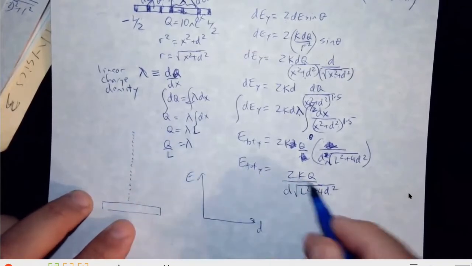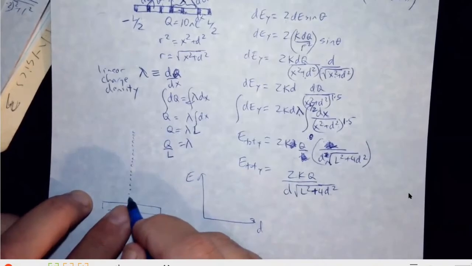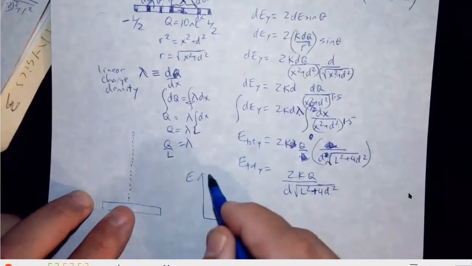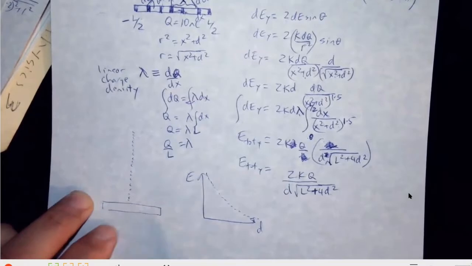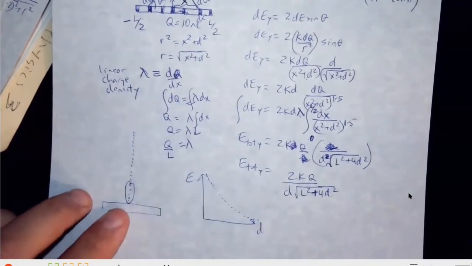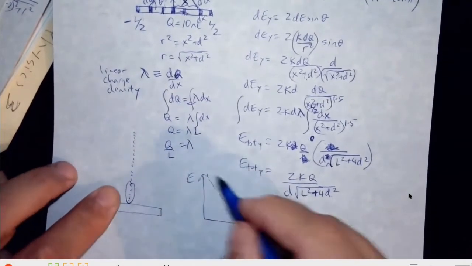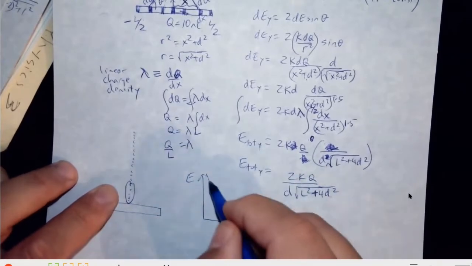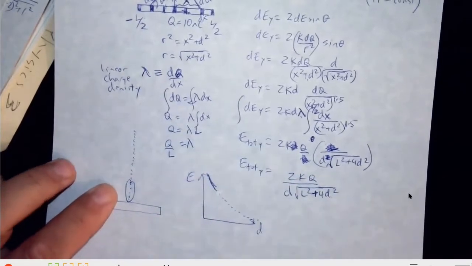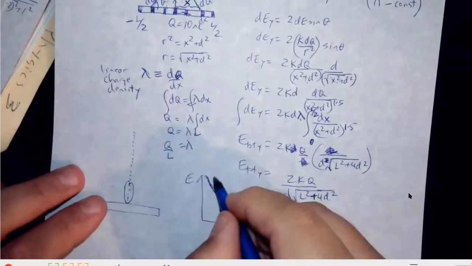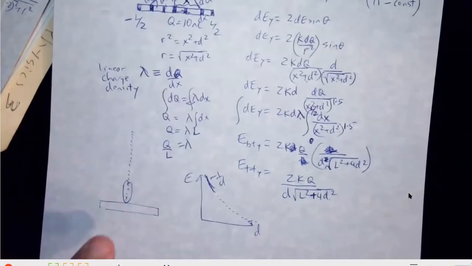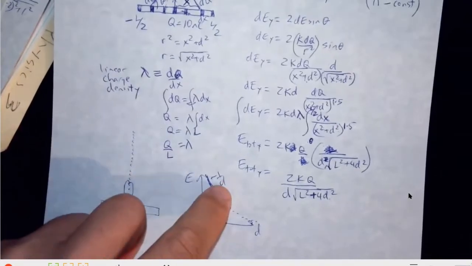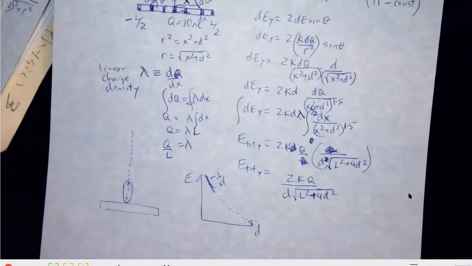You're taking the sensor, putting it at different locations, and the graph should look something like this. But if you focus on the dots near the rod, you should find the function gives approximately 1 over d behavior. In other words, the electric field drops as 1 over the distance when you're close to the rod.